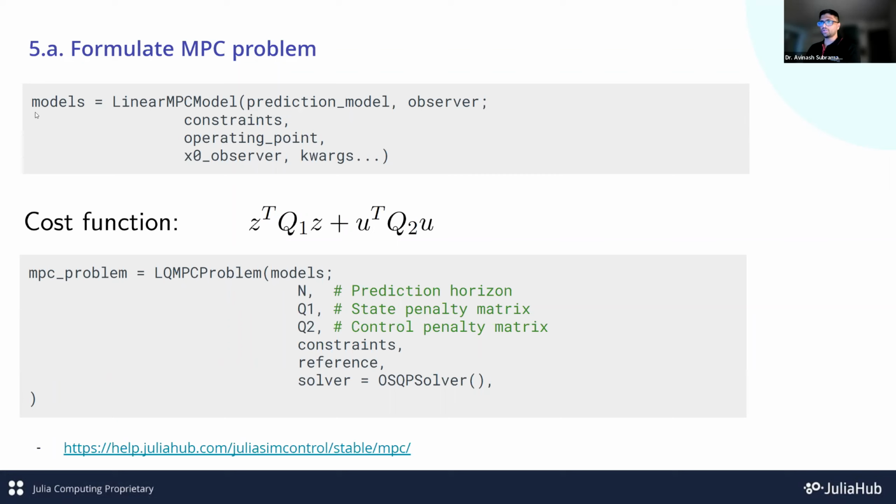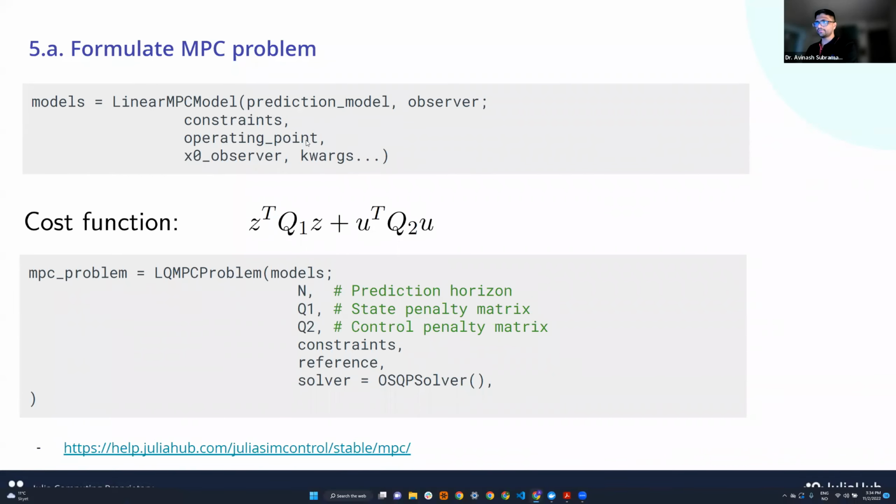I would package the models using this LinMPC constructor: packaging the linear prediction model I got from the linearization step, packaging the observer, which in this case is the unscented Kalman filter, and putting in the constraints, the operating point, and an initial point for the observer, as well as a few other keyword arguments.